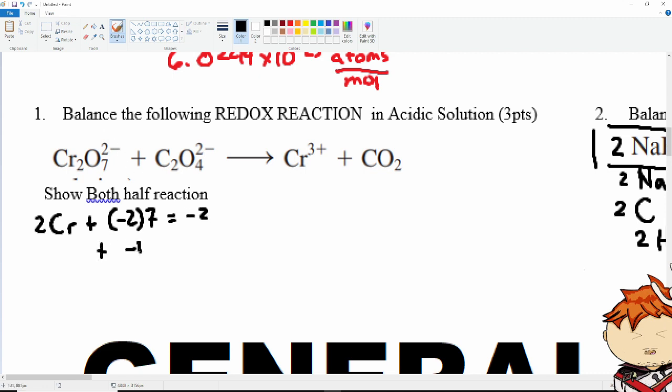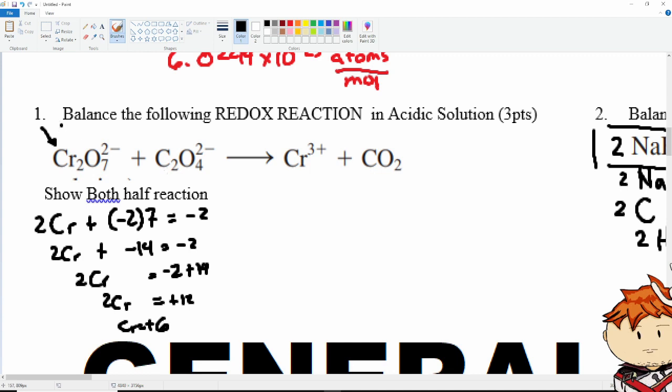So that's -14 is equal to -2. So 2Cr is +12. Chromium is positive 6 here. The chromium here is positive 6, while the other chromium is positive 3.